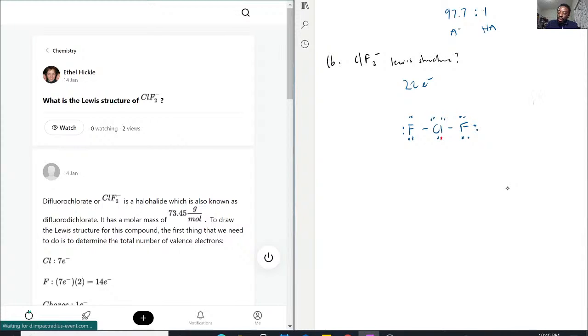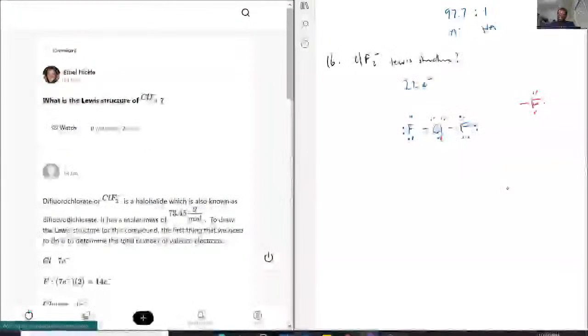So fluorine, a formal charge of 0 looks like this. That is 3 lone pairs, 1 bond. And that is exactly what this fluorine has. Now, for the chlorine, it's typically the same thing, where it's 3 lone pairs and 1 bond. But now, this is where it gets extremely tricky.